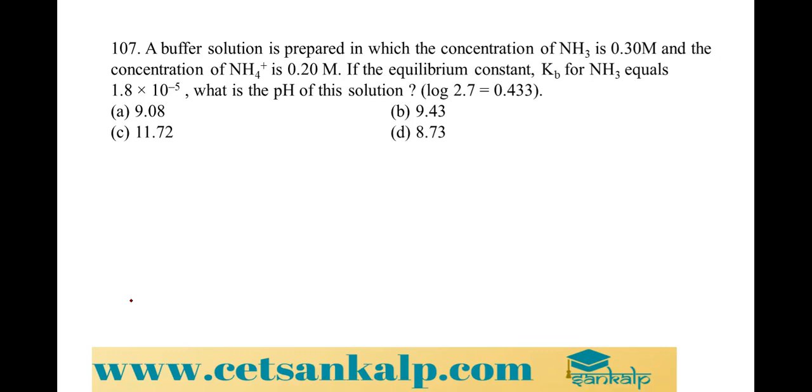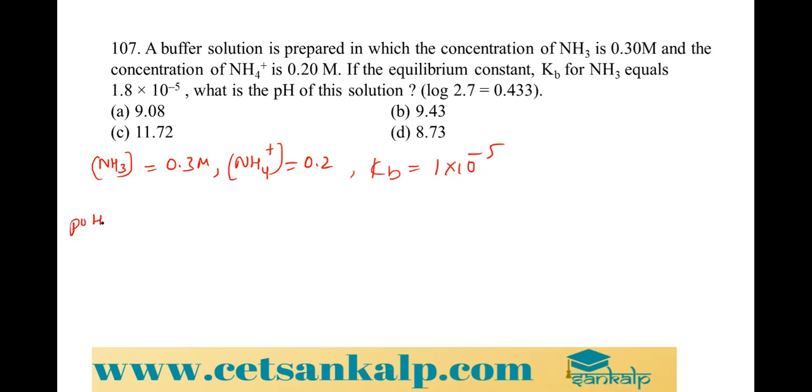So the answer: NH3 concentration is 0.3 molar, NH4 plus concentration is 0.2 molar, and the Kb value is given. Now pOH is equal to pKb plus log of salt divided by base.